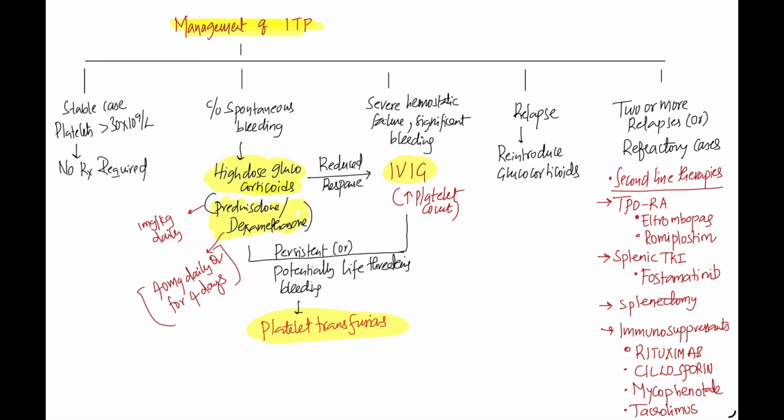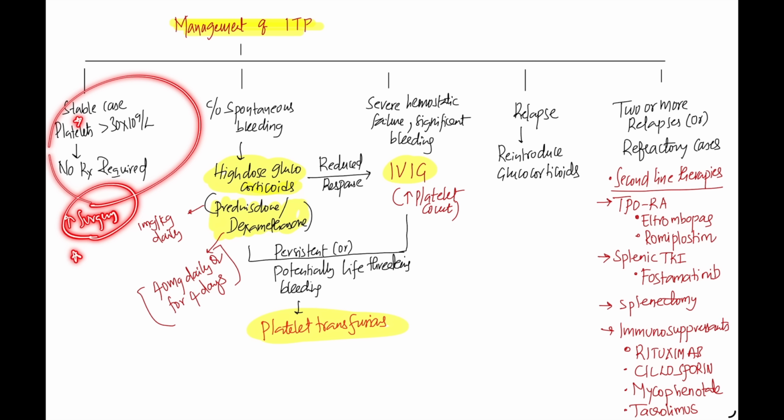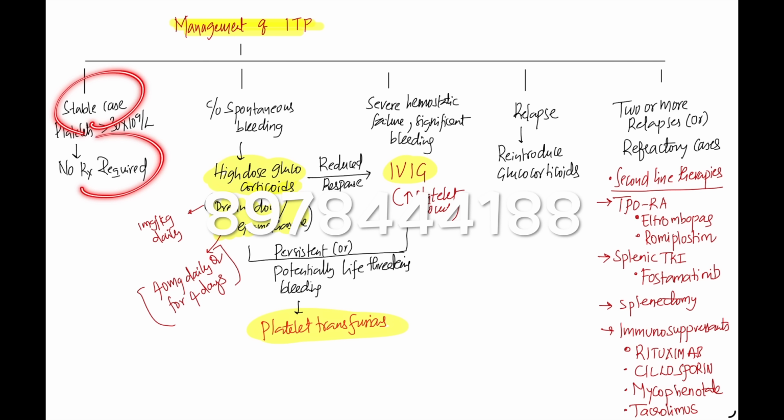So each and every diagnosed case of ITP, we are not going to treat unless there are complaints of bleeding or the platelet count is too low. Even in stable cases, if there is increased risk, like if there are chances of surgery, then you do treatment. Otherwise, in a stable case, no treatment is required.